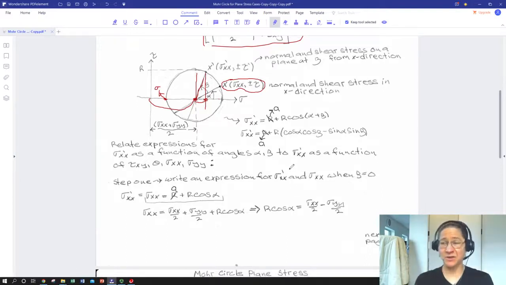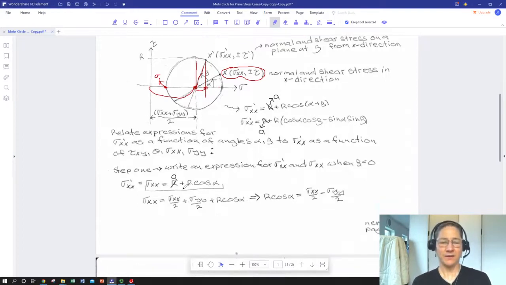That means beta is 0. In this case, sigma xx prime is sigma xx, because x prime is x. We're just not tilting that plane at all. So that's going to be equal to A plus r cosine alpha, because remember, we're going back to this expression, except beta is 0, so we're just left with cosine alpha.